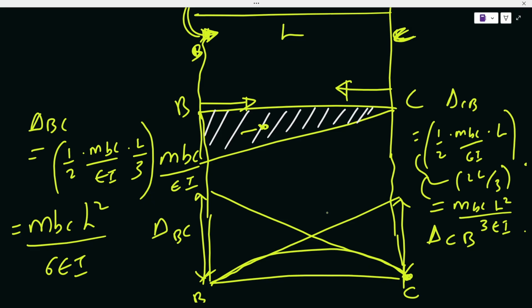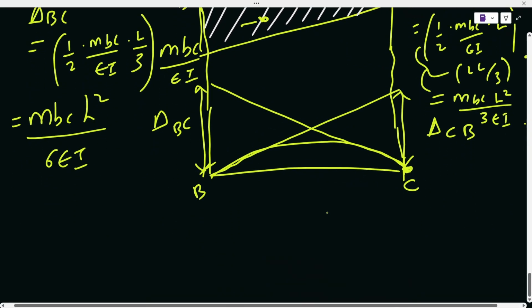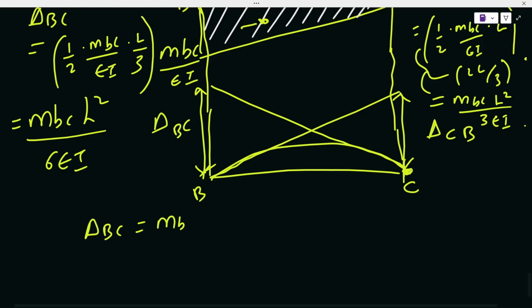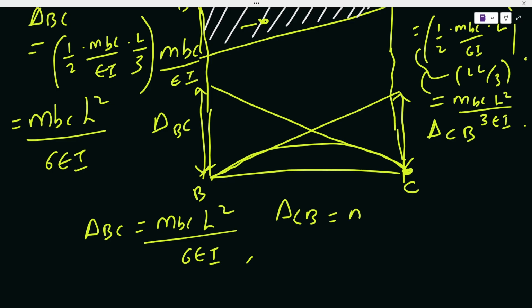So in essence, for this, I have that delta BC will be equal to MBC L square over 6EI, and delta CB will be equal to MBC L square over 3EI. Keep this in mind.